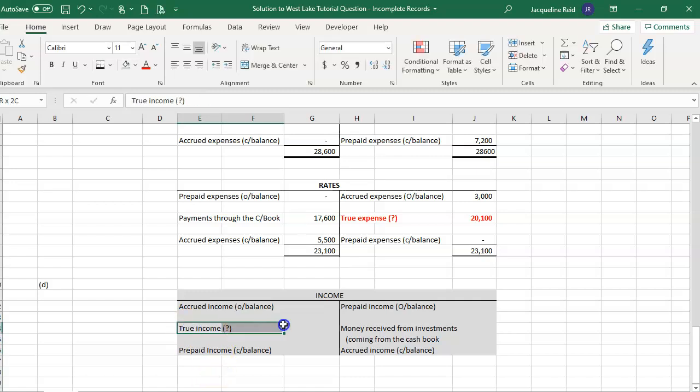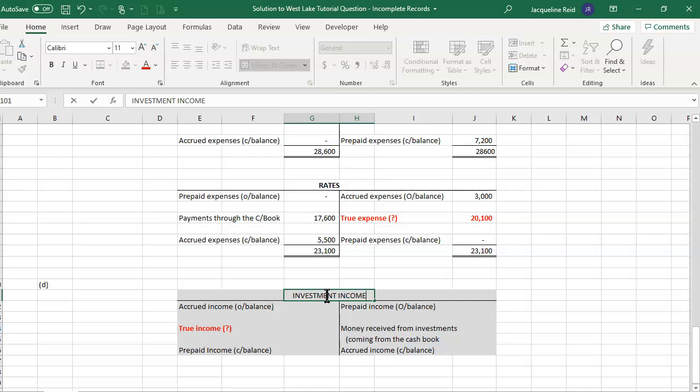So this is our objective, to find out what the true income is. This is what question D wants. So the investment income, let me change it to investment income, starts the year with investment income owing. And remember, we had used it as an asset when we were computing the opening equity.